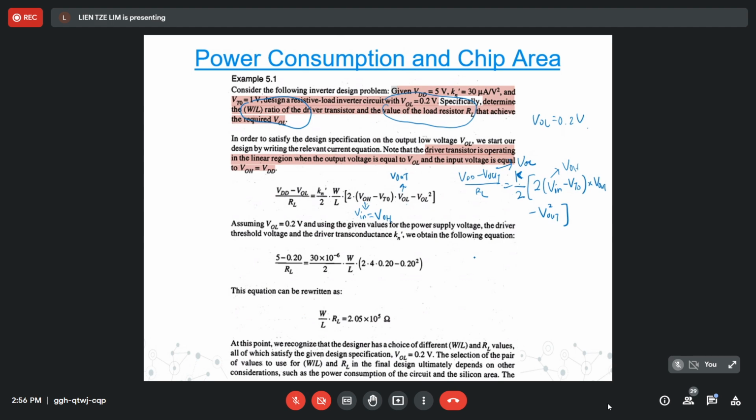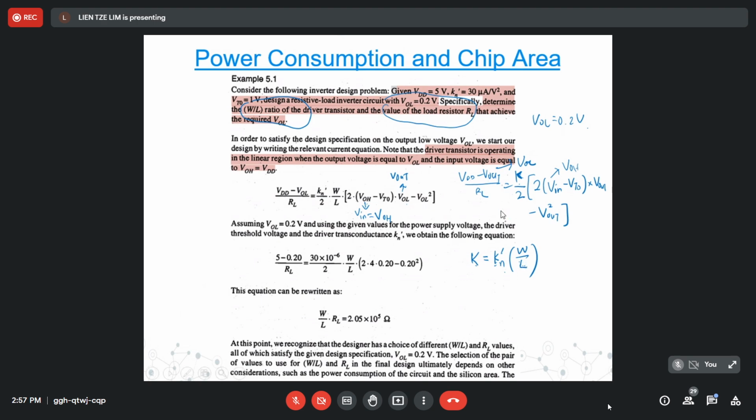They are related as K equals K prime multiplied by W over L. The question is always given K prime, not K. So if you want to know the value of K, you have to calculate it using these two values. The width over length is not given, so we have to determine it ourselves.